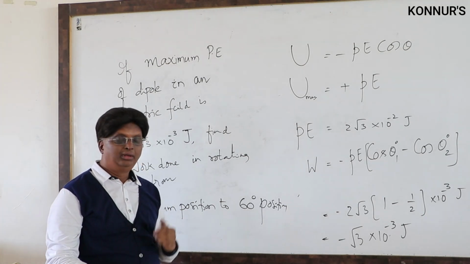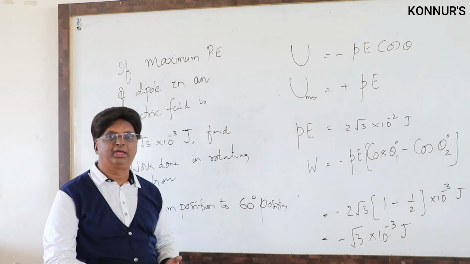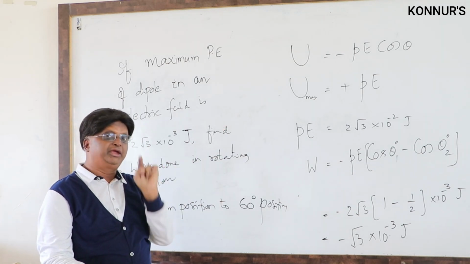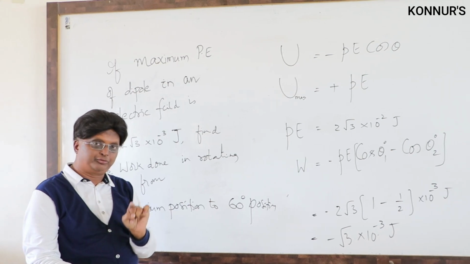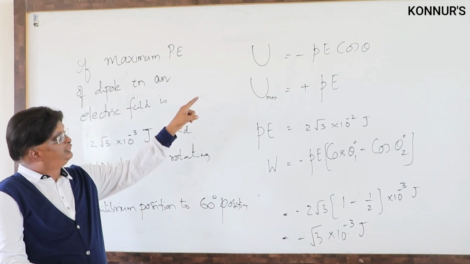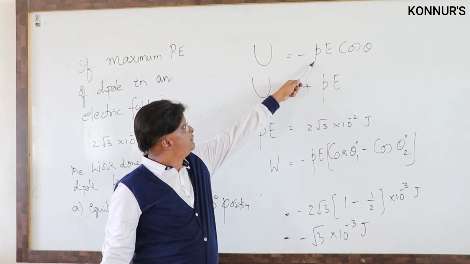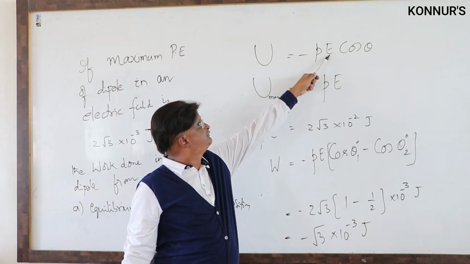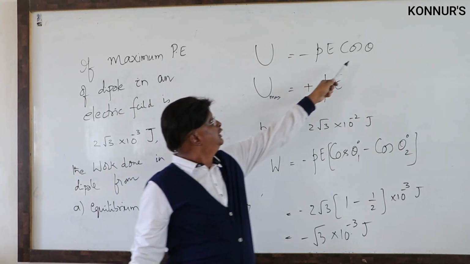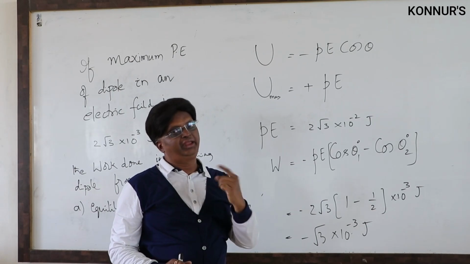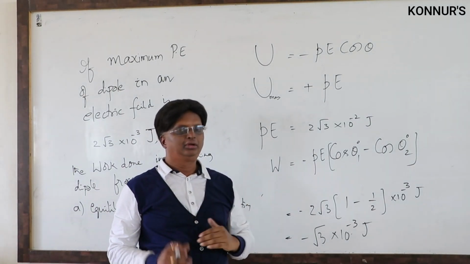Now, brush up the concept of potential energy. It was U is equal to negative of P E cos theta, as I have told you yesterday also: P, dipole moment, E, external electric field strength, minus P E cos theta. Theta is the orientation of the dipole in the external field. Right?